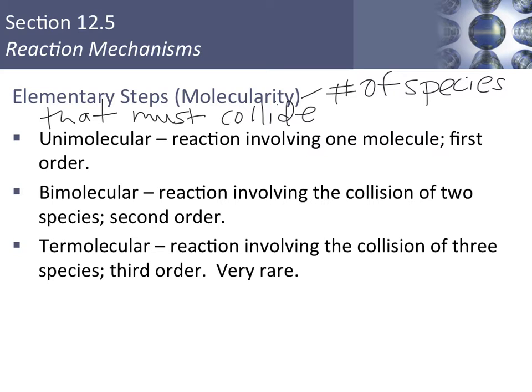A bimolecular step is a reaction that involves the collision of two species, and that will be second order. Termolecular involves the collisions of three species and will be third order. This is very rare because all three species would have to simultaneously collide.